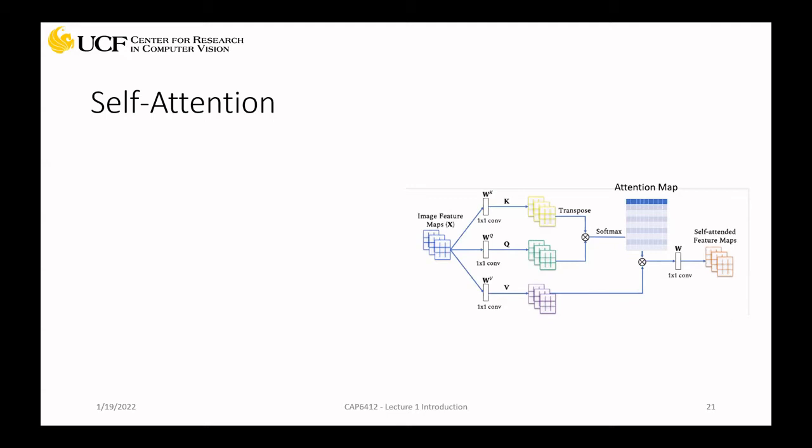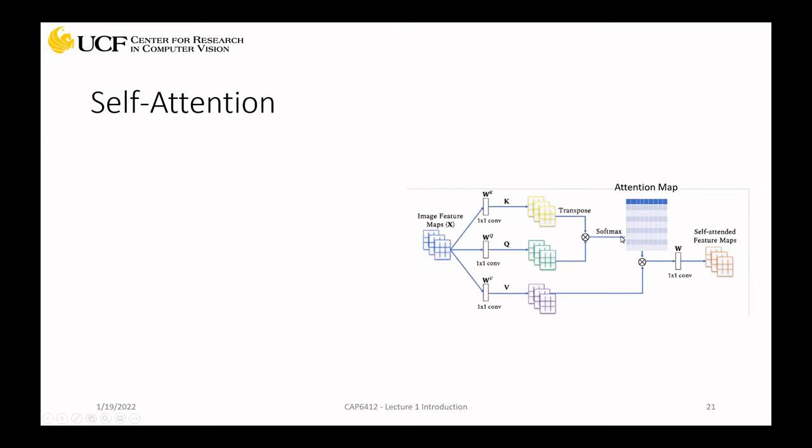Now, same idea: we take these and multiply with the key, and we get this. We multiply with the query, and we get this. These are the matrices or vectors and values. So from the original one, we get a key, query, and value. As we did before, we transpose the key and then multiply with the query.